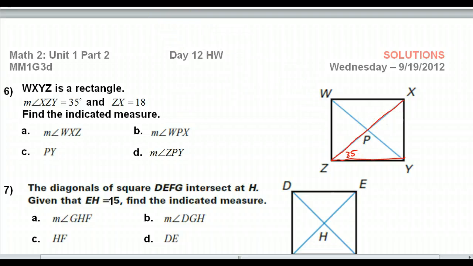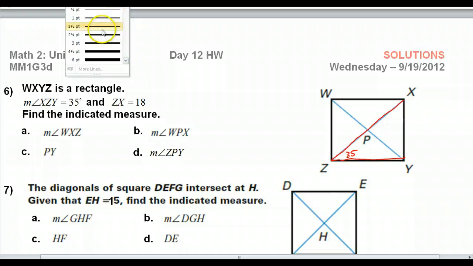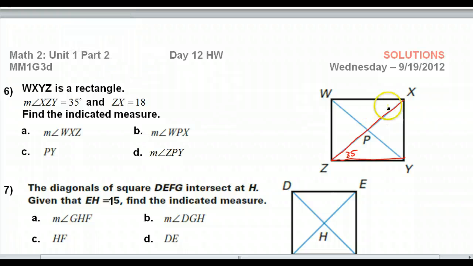So we're being told that ZX is 18. So that's this. All right, that yellow is supposed to be 18. But that tells me that this is 9 and 9. That's what that tells me. So let's see what things we're supposed to find.